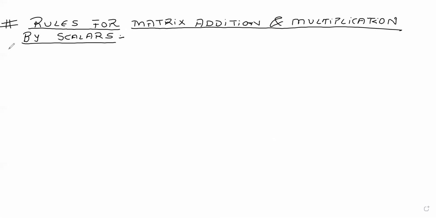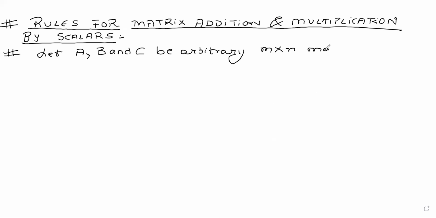Let A, B and C be arbitrary m cross n matrices, and let alpha and beta be real numbers.